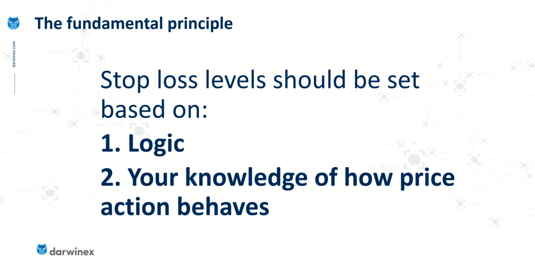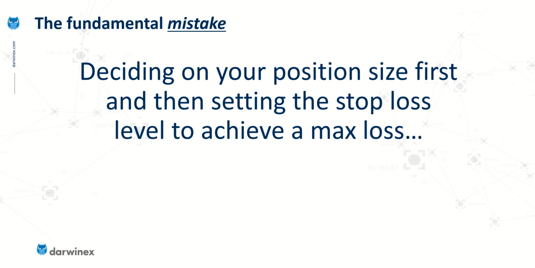And I believe that this is often the cause of a major mistake. I often see traders deciding on what their position size for a trade will be first, and then using that in order to calculate the stop loss level. And this can lead to a number of issues that we'll cover later.